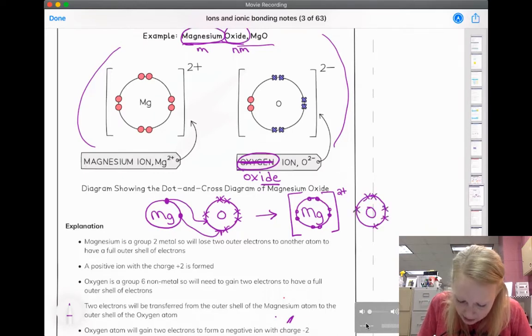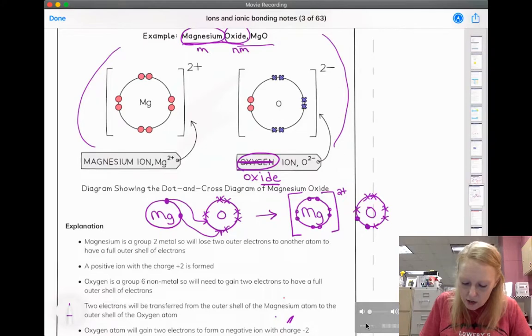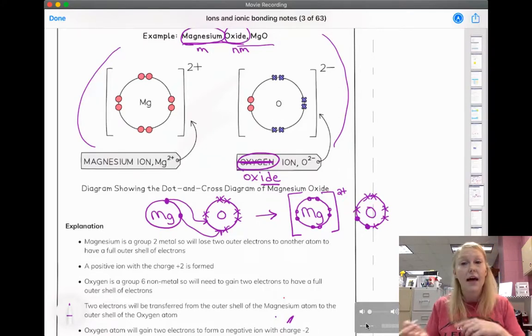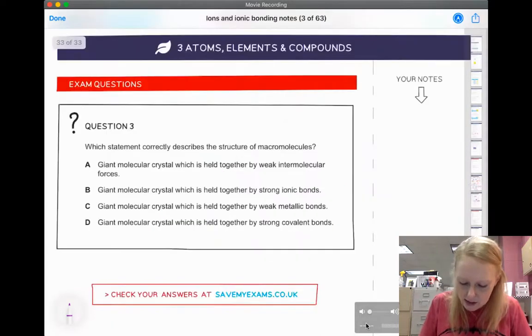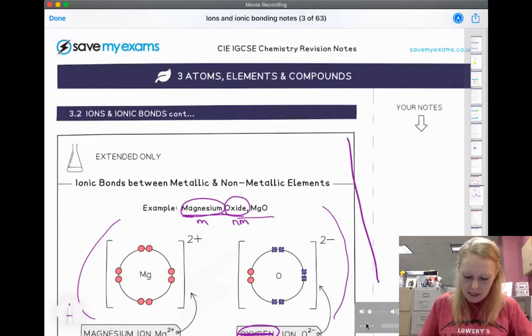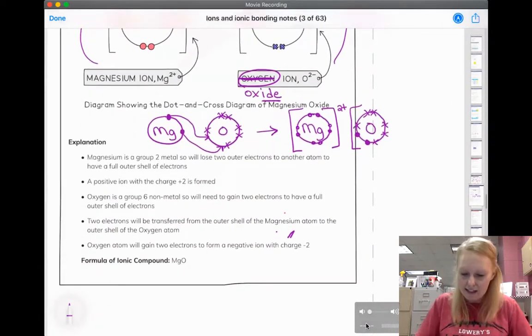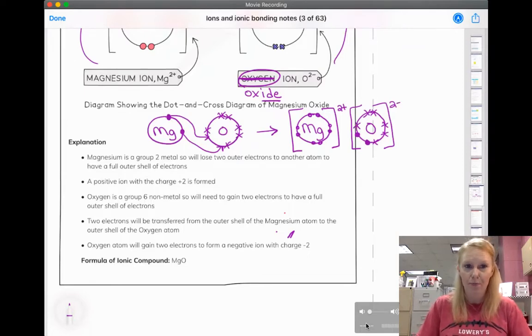But where we gave those electrons to oxygen from magnesium to create my oxide ion, we draw them as dots because that's how we represented the electrons on magnesium. And then, of course, we're going to add our brackets because now oxygen is no longer an oxygen atom, but it is now an oxide ion. It's got 2 more electrons, so it'll have a 2 negative charge in that upper right-hand corner.